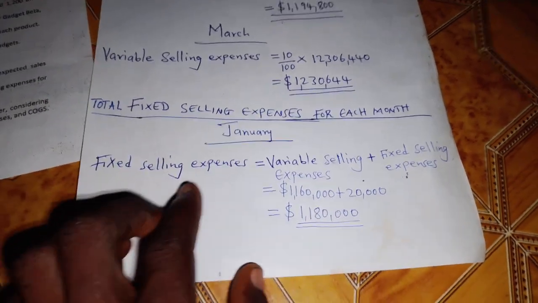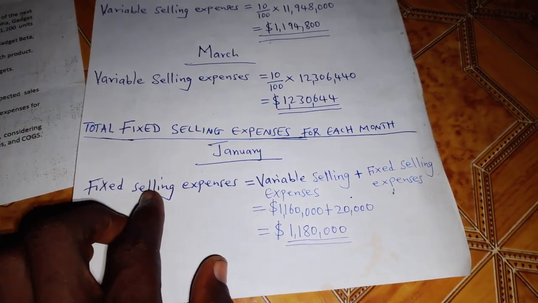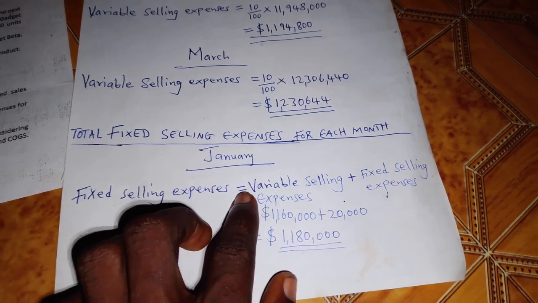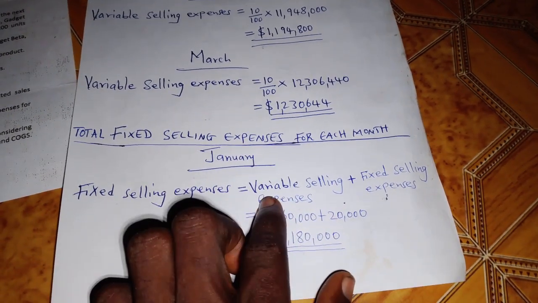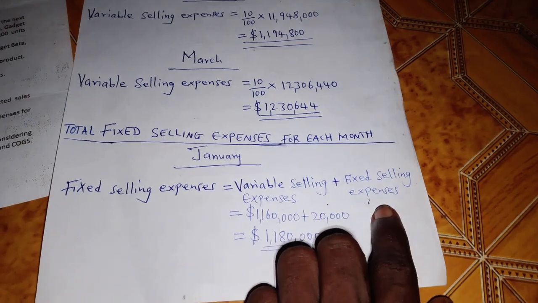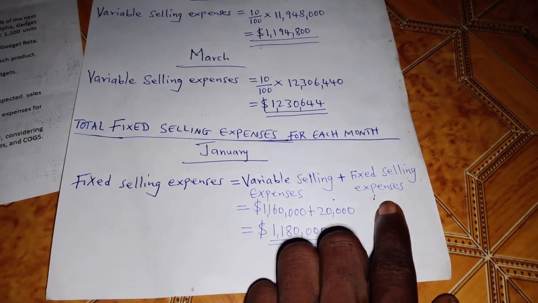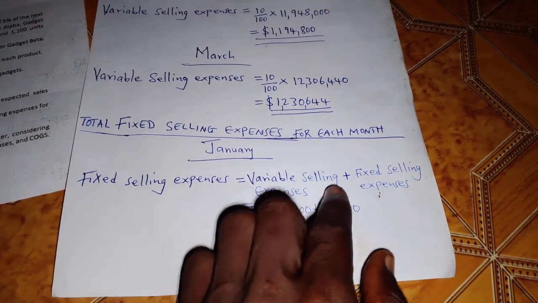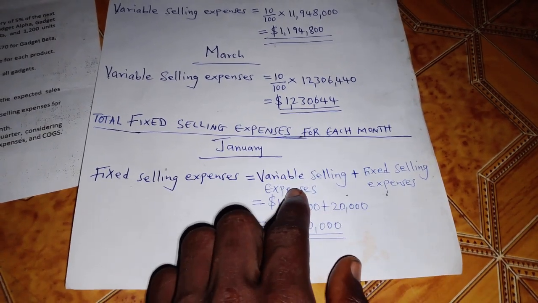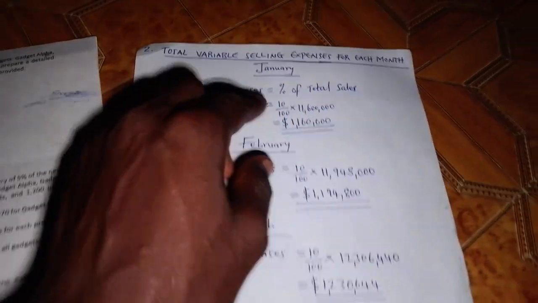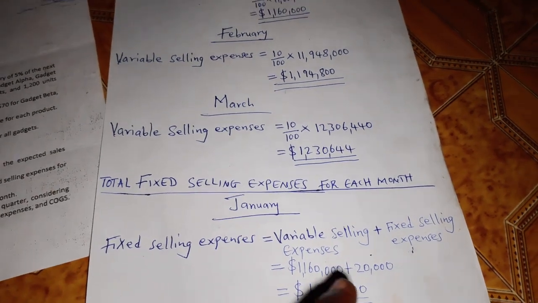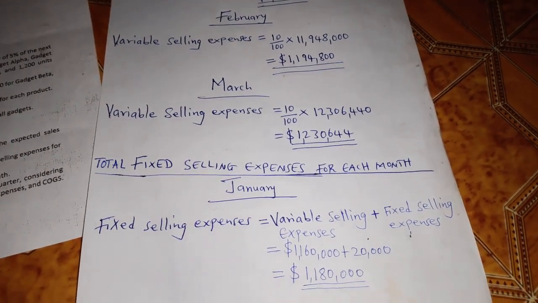For January, we said the total selling expenses is equal to the variable selling expenses plus the fixed selling expenses. What is the variable selling expenses that we're talking about here? It is the variable selling expenses that we have just calculated for the following month.